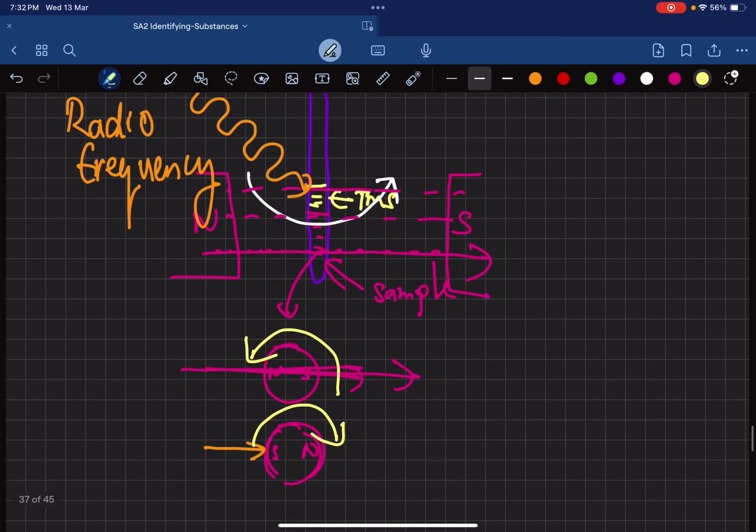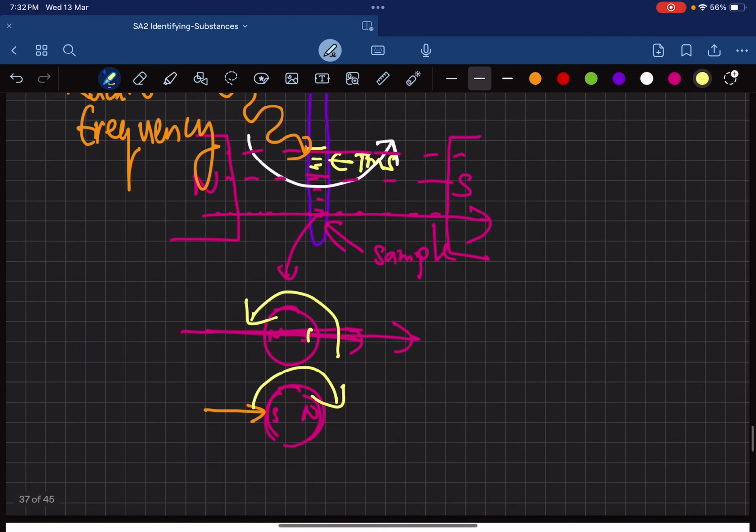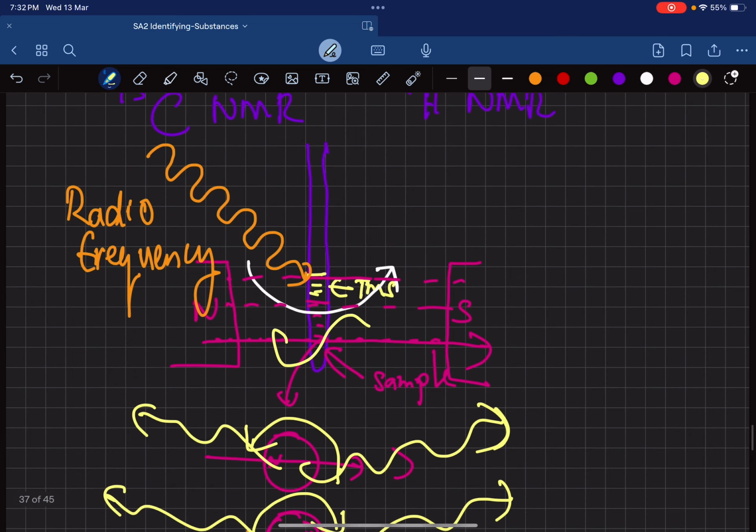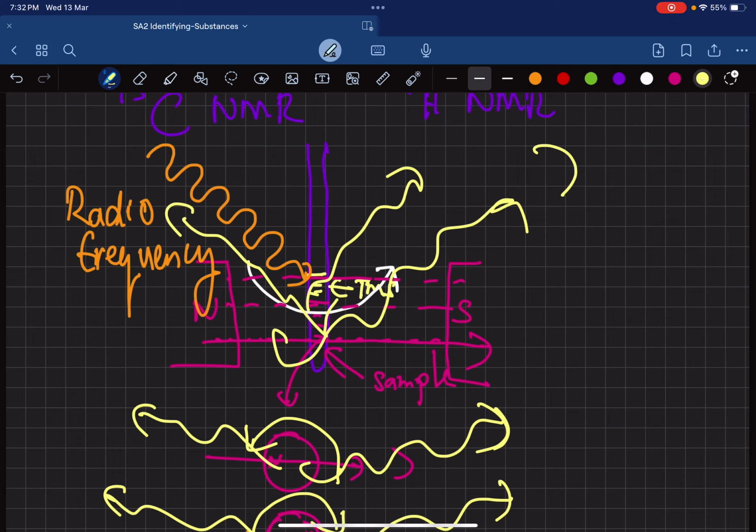When they flip, they start producing a frequency outwards. So this frequency that is coming out from the tube is the frequency that we are trying to detect. So we detect this frequency. That is what we're doing.